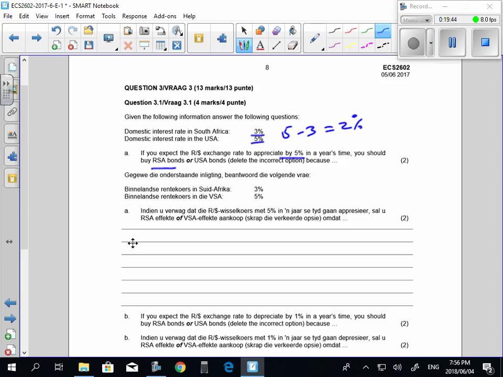So, if you buy South African bonds, the return in South Africa is 3%. If you buy US bonds, all right? You're getting 5%.